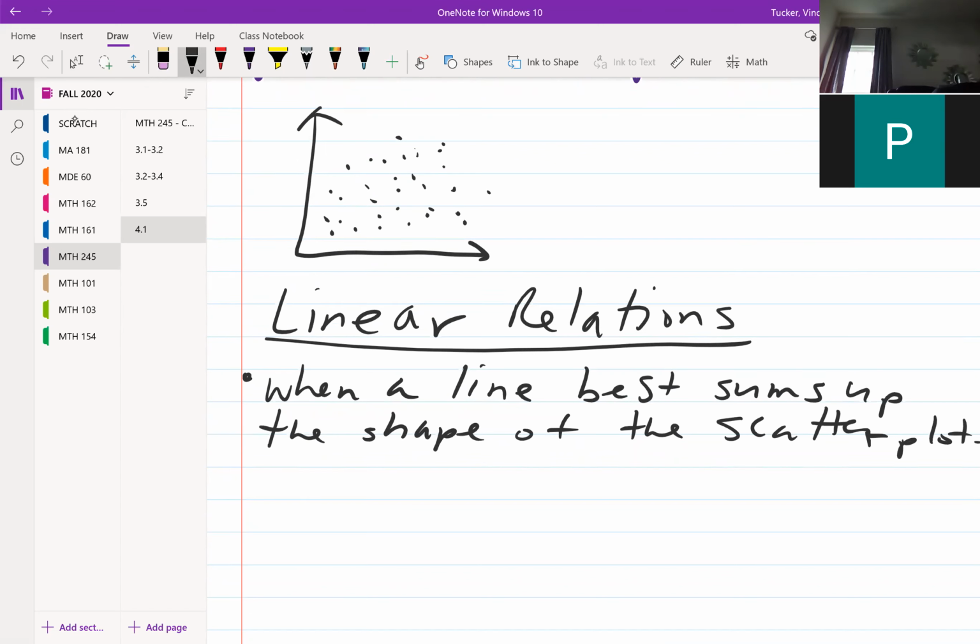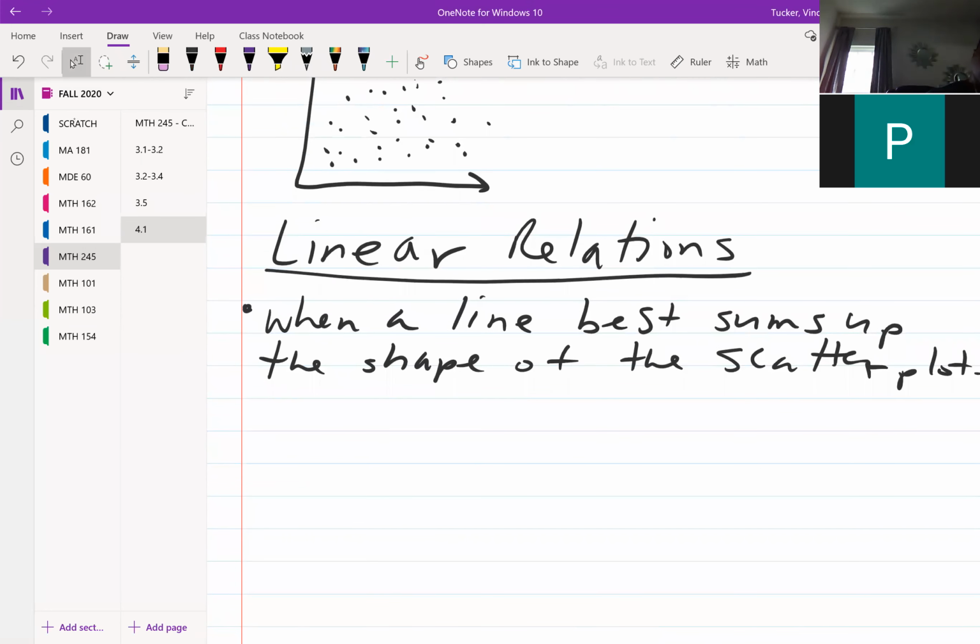All right, so next we're talking about linear relations. A linear relation is just when a line best sums up the shape of the scatter plot. So let's look at a few.